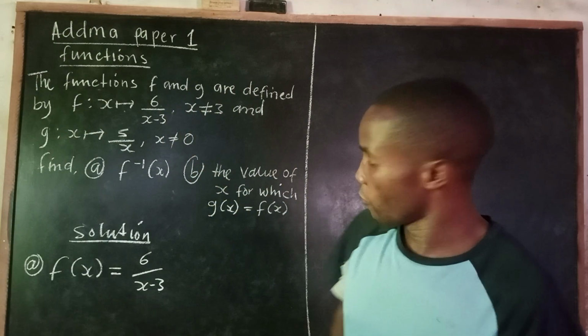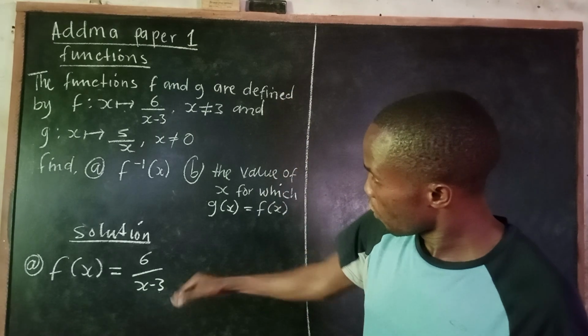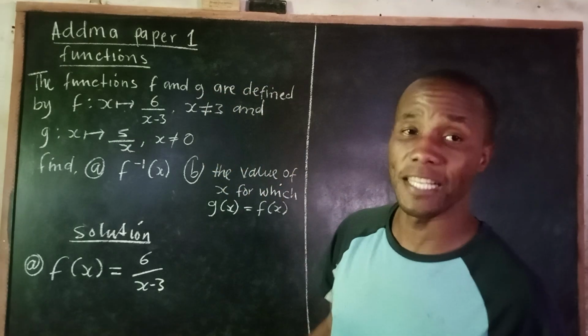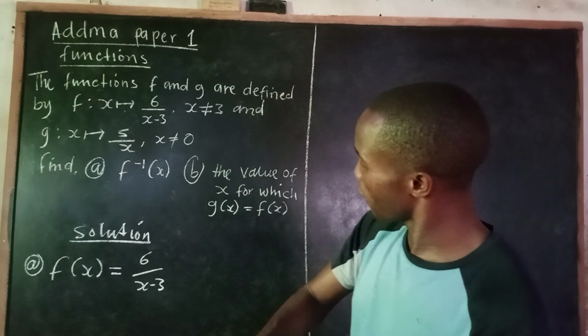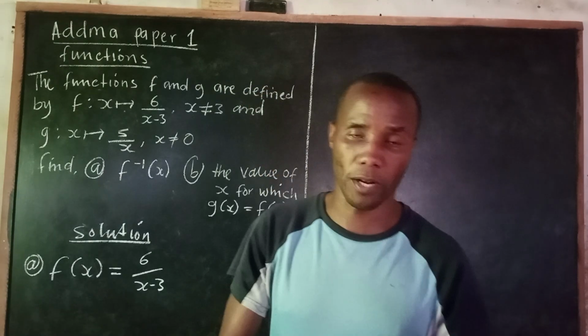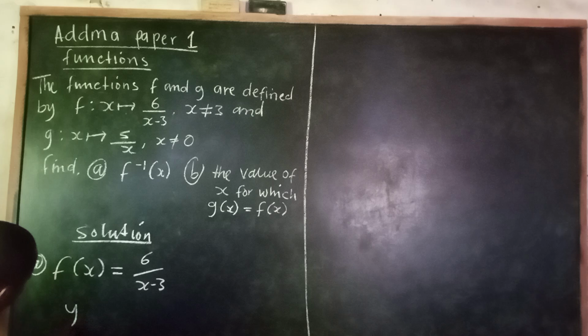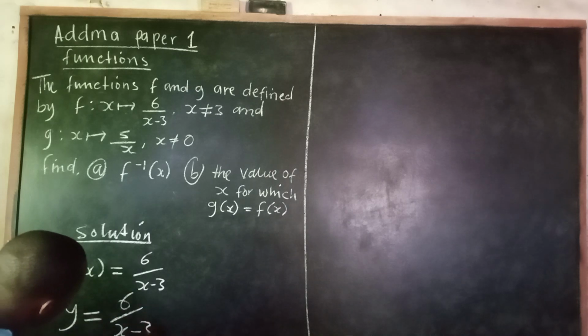First of all, you are going to make this function, since f of x is the same as y. Then thereafter you are going to make x the subject of the formula. So we say y equals 6 over x minus 3.